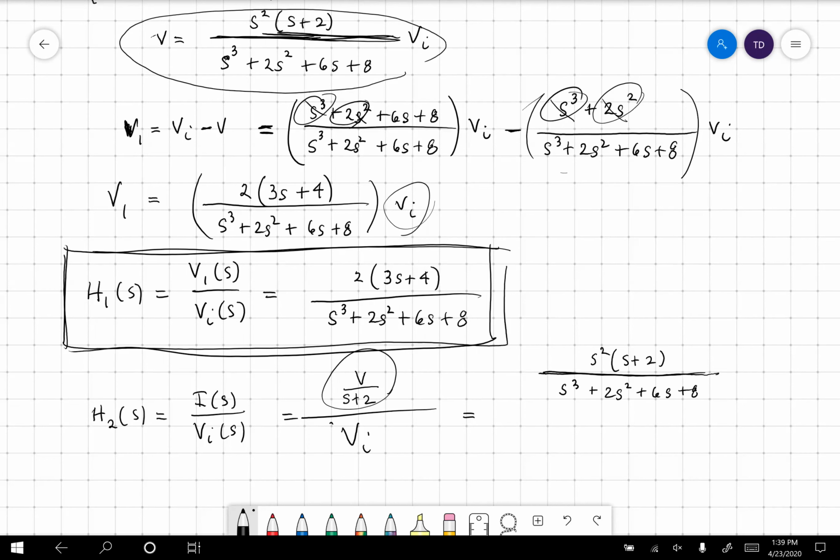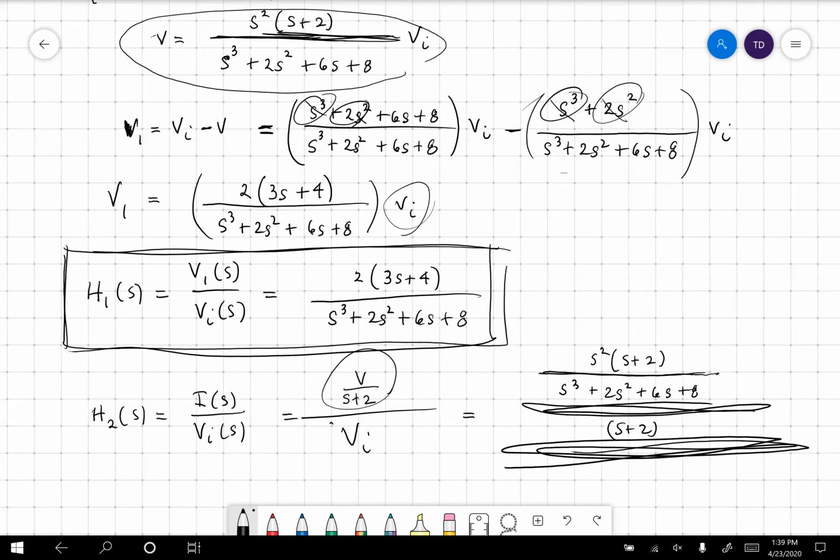It's all of that divided by S plus 2. That's just the numerator, all divided by VI, and there's a VI here. So you can see how the VI's are going to cancel. You can see how this is just going to pop up into the denominator here.